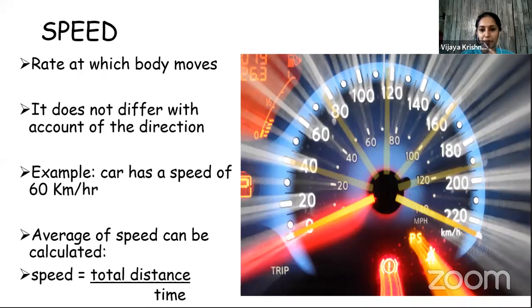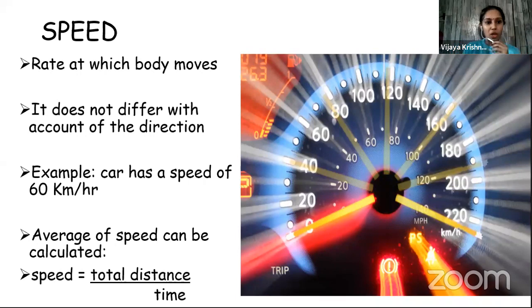Average speed can be calculated as distance upon time. This is a very important concept, especially when you're talking about movement of the body. Every body moves with a particular speed, for example the speed of walking, and it can be in any direction that you move.